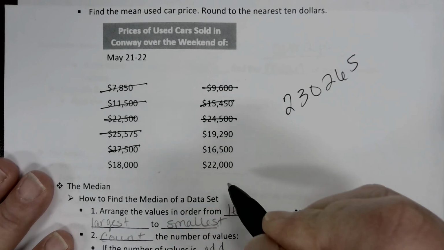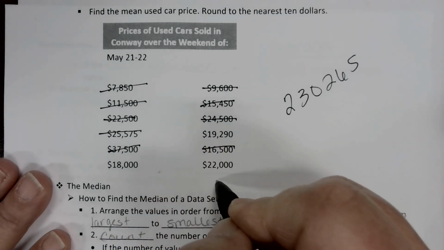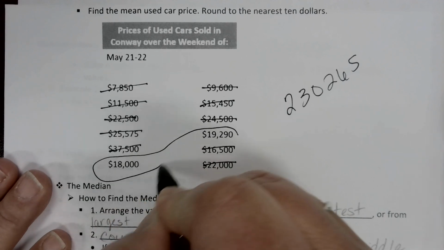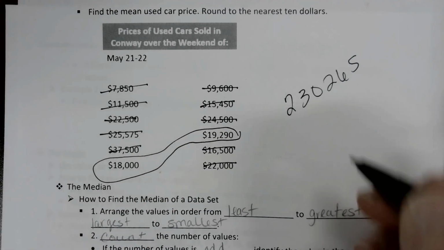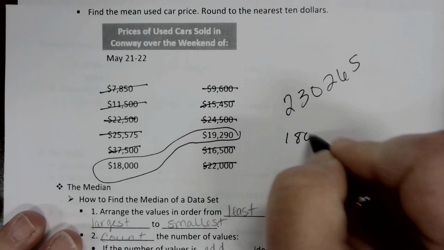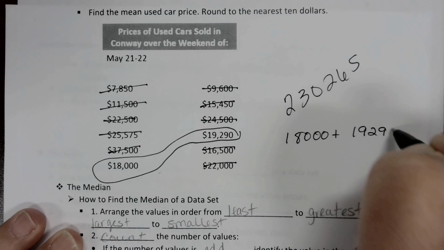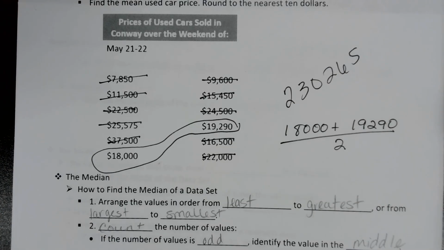What's the smallest number there? This. What's the largest number? This. So these 2 that are left, I'm going to take the mean of those. I'm going to add those 2 together, 18,000 plus 19,290. Then I'm going to divide that by 2. And that's going to give me the median.